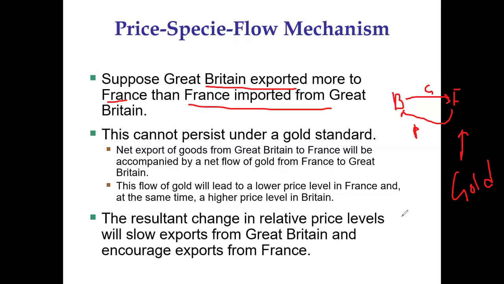So here, when France is importing from Britain, the price rise is specifically managed, because when the payments are done by France to Britain, at that time France is required to also purchase gold, because they are paying the foreign exchange.